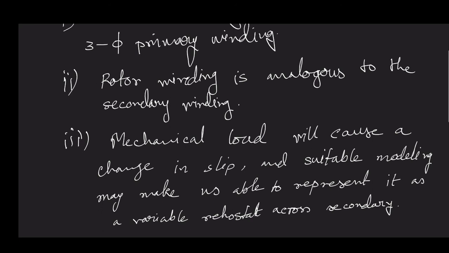So among our R, L and C, our R can only represent active power. So this variable mechanical load applied on our induction motor shaft can be viewed as a variable rheostat connected across the secondary of our transformer. How, we'll discuss.